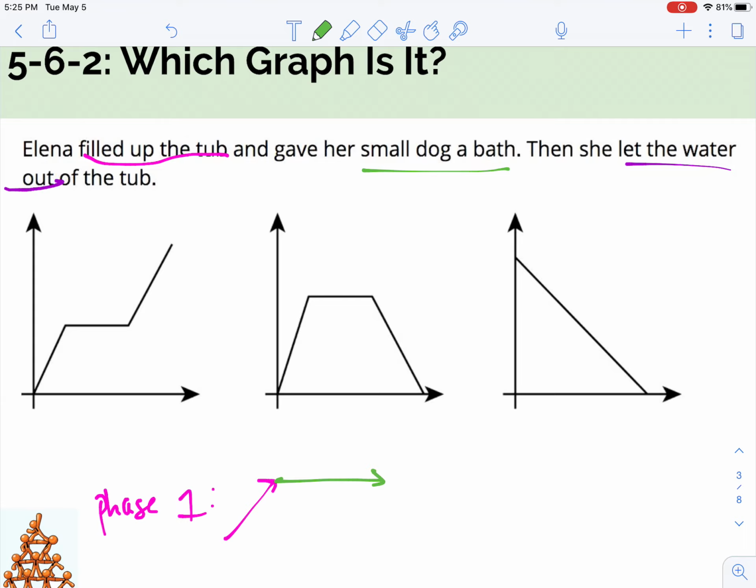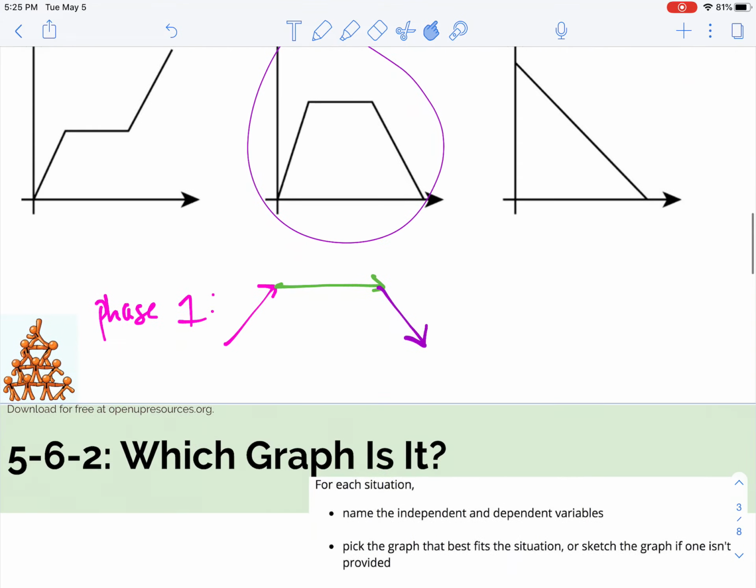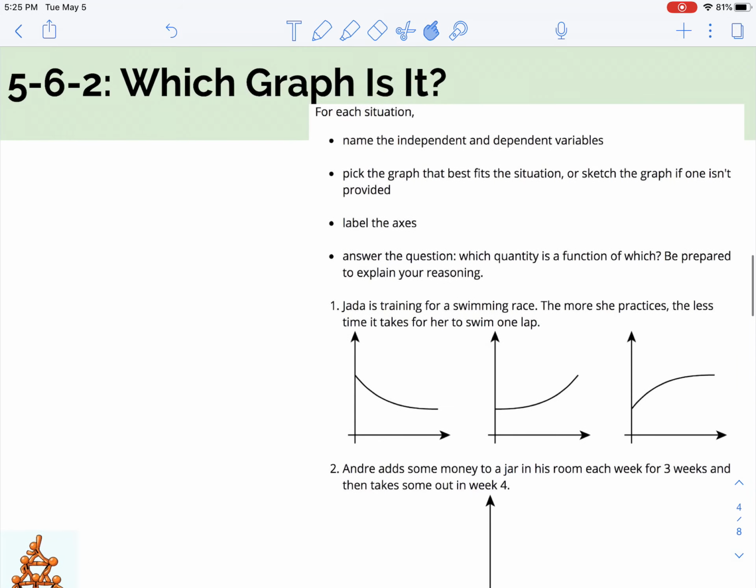It doesn't say anything else, so I'd assume. Then last, she lets the water out of the tub. So she loses the water. The graph that matches that is this. I hope that kind of helps people understand how these problems look in line form. Sometimes it's easier just to draw it yourself and then find the one that looks like your drawing.